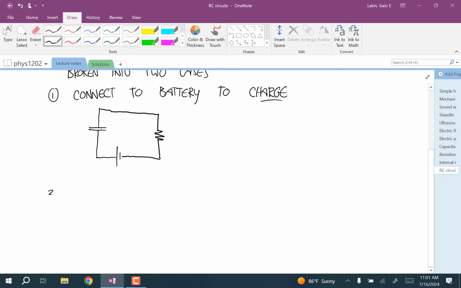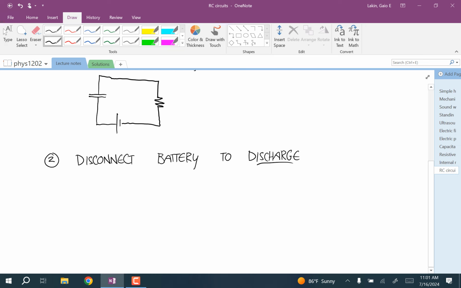And the other case we'll consider is now if you disconnect the battery, then you get discharge of the capacitor. And so that battery won't be involved, and you just have a capacitor and a resistor in series.